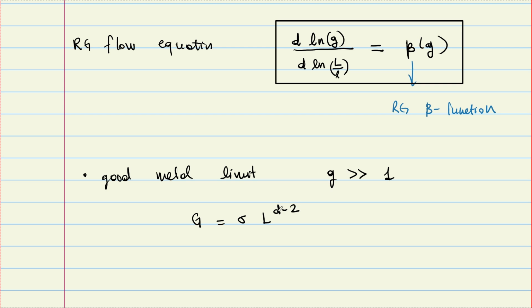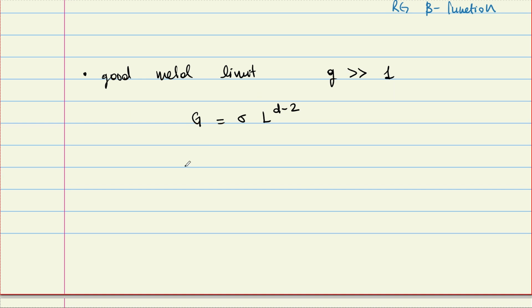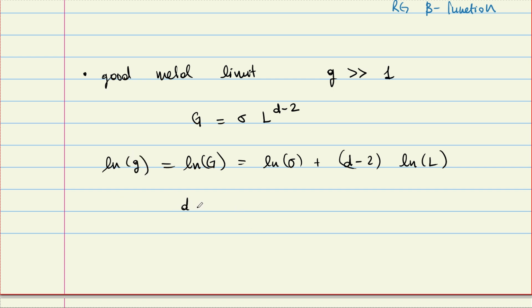So we derive this, and from here I can take ln g, there is ln sigma plus d minus 2 times ln L, and if you want I can also make it dimensionless, but it doesn't matter because I'm going to take, so this thing is going to be proportional to ln g, right? And I want to take d ln g divided by d ln L, and with the ln L I only have this quantity, and this is going to be d minus 2.